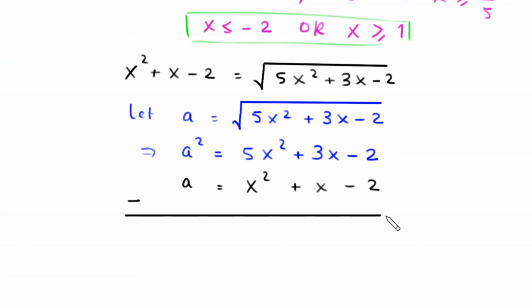Now we subtract these two equations. Since we are subtracting, the positive sign will become negative, this positive will become negative, and this negative will become positive.